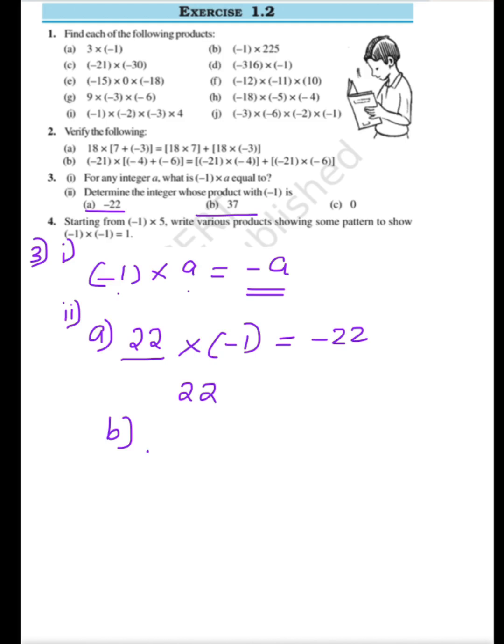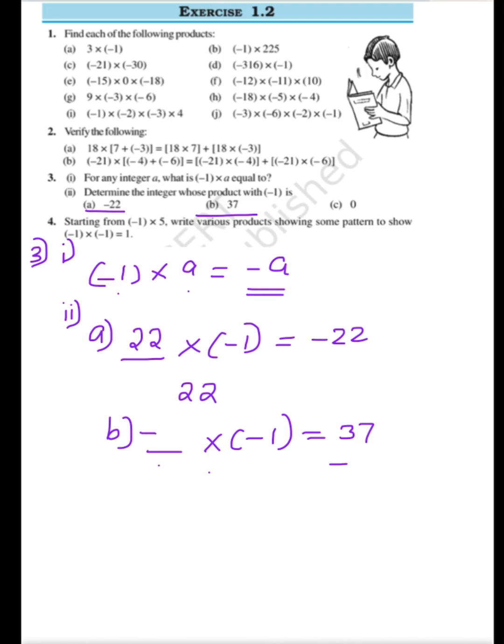37. That means dash into minus 1 equals 37. Okay, determine the integer whose product with minus 1 is equal to 37. That is the question. So dash into minus 1 equal to 37 means here what it will be? Since the answer is positive, both should be negative, then only you will get positive in the answer.